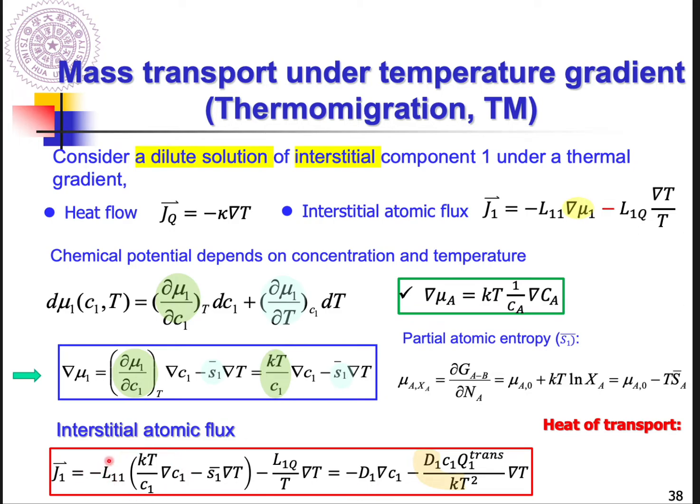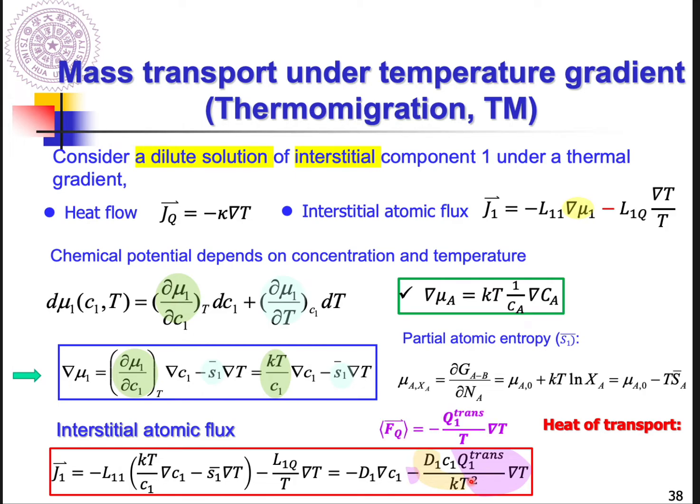So the concentration gradient part will always equal minus diffusivity times the concentration gradient. And the second part will be related to the temperature gradient. Then after arrangement, we can simplify and arrange them as mobility, concentration, and driving force also.